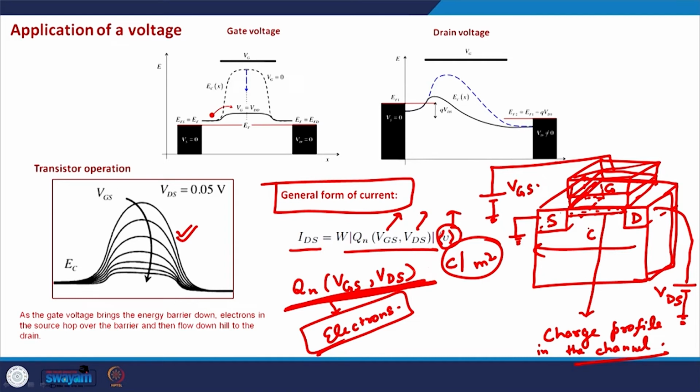The most important velocity is the velocity of the charge carriers at the top of the barrier, at this point actually, also represented in some cases as Vt.